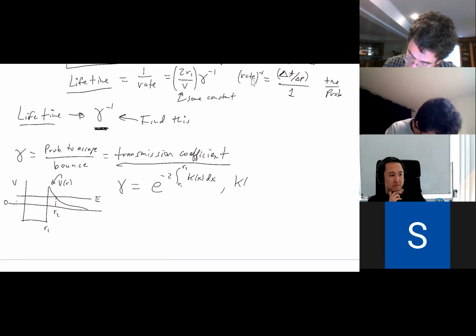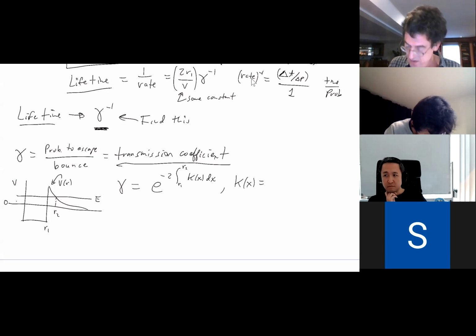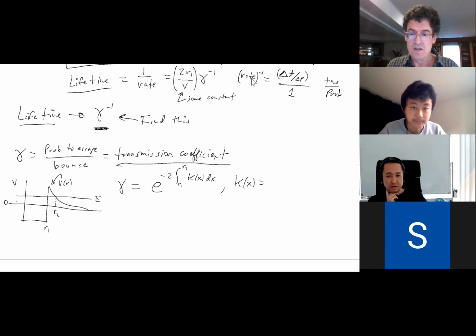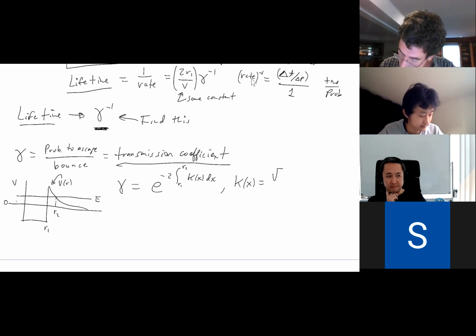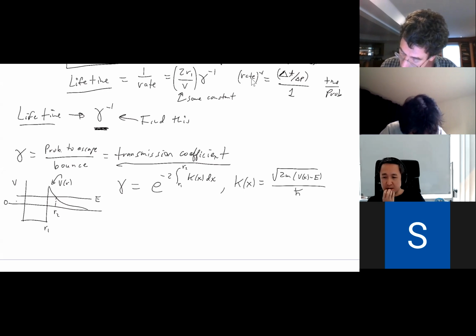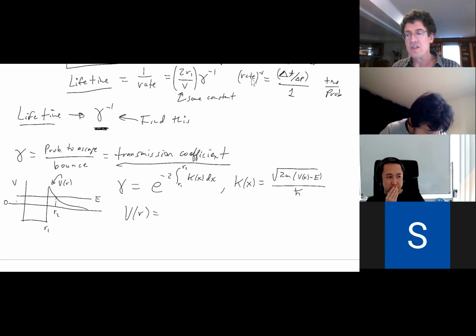Where kappa of x is equal to the square root of 2m times (V minus E) over h bar. Exactly. Good. And so now the next question is, what is V?